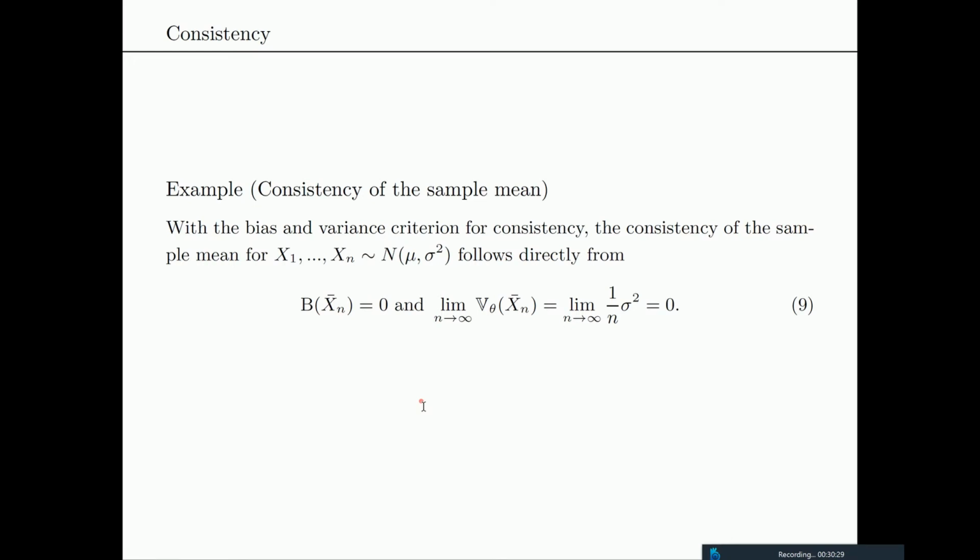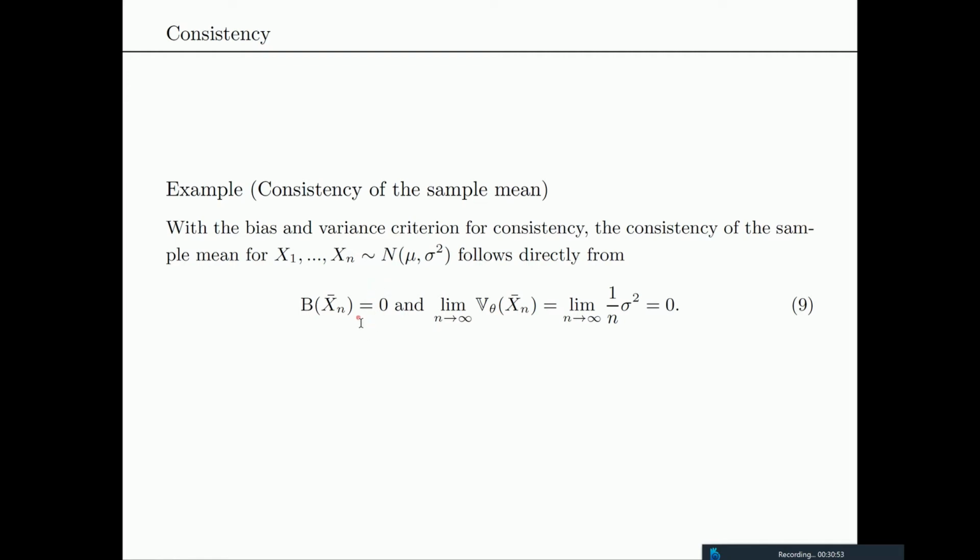Let's look at an example. Here we have the sample mean, and in the Casella you can read, and this is what I originally had included, that you can apply the consistency criterion to the sample mean and directly show that it's consistent, but you can also make your life a little bit easier.